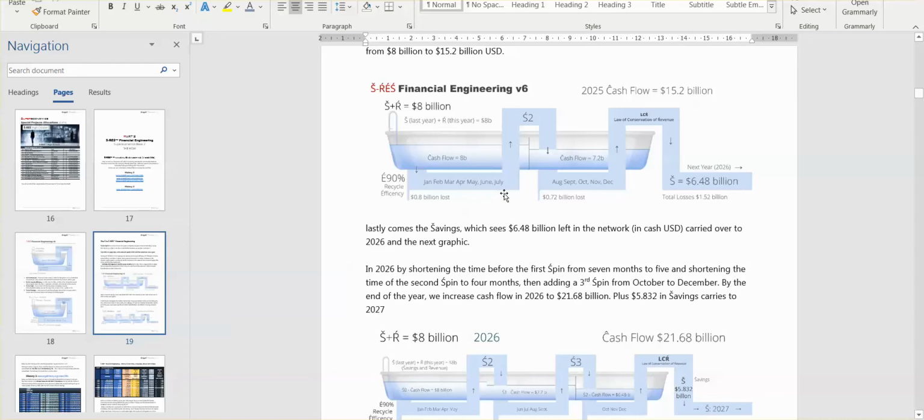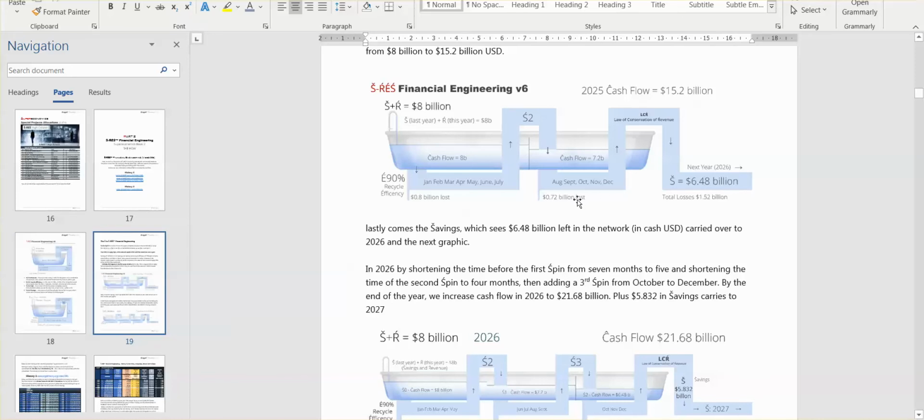Here we can see it more naturally. The money is spent in the first 7 months of the year. 90% of that money is spent on products and services from other people in the network. Thus, the network retains 90% of its initial revenue. This is then spun around, and on the first spin we have 0.8 billion lost to other, mainly wages.